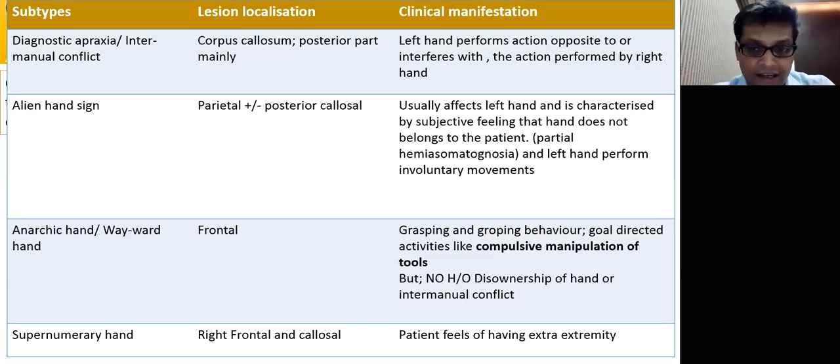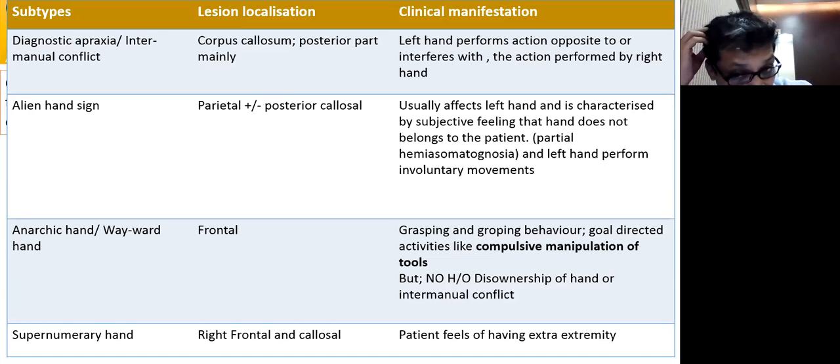They compulsively manipulate various tools in front of them, but they do not give a history of disownership of the hand, and they do not have intermanual conflict. Disownership of the hand is typically seen with parietal alien hand, while intermanual conflict is typical of callosal alien hand, while frontal alien hand is just compulsive manipulation of tools.